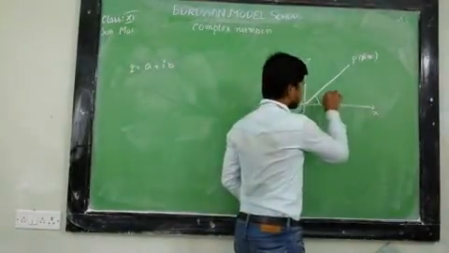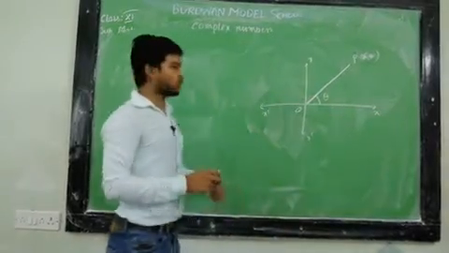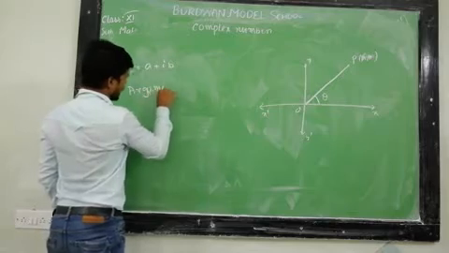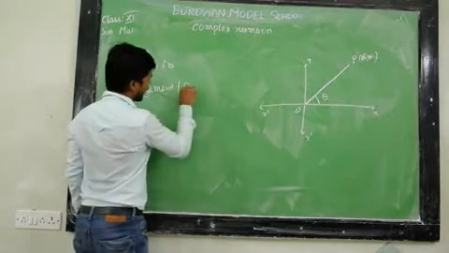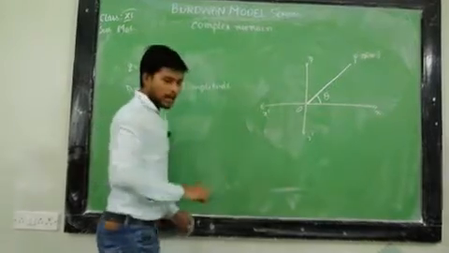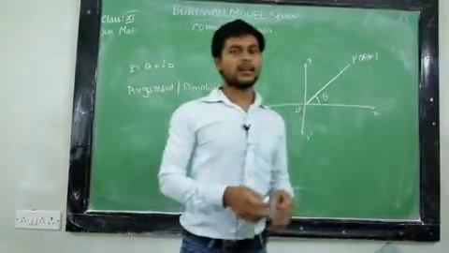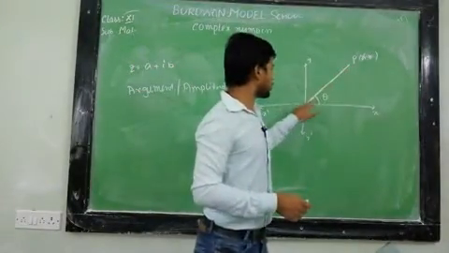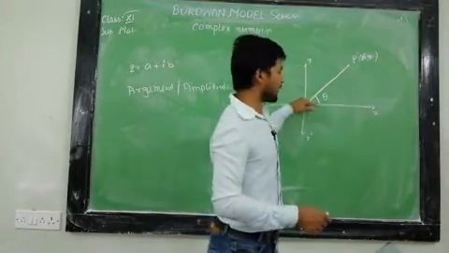So this angle is called the argument, or it is called the amplitude. So amplitude means the angle made by the line joining the point P to the origin with the x-axis.